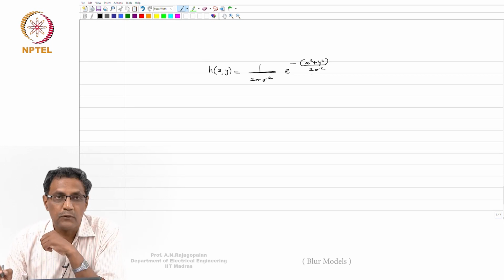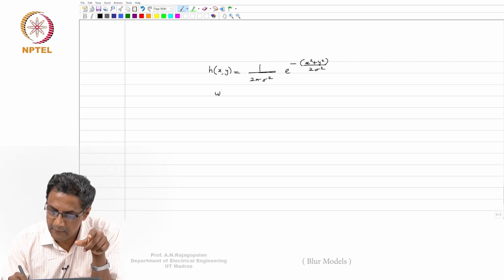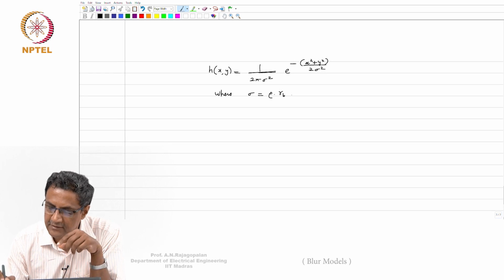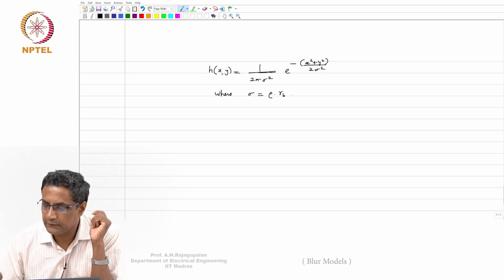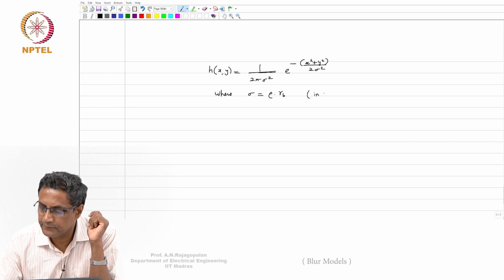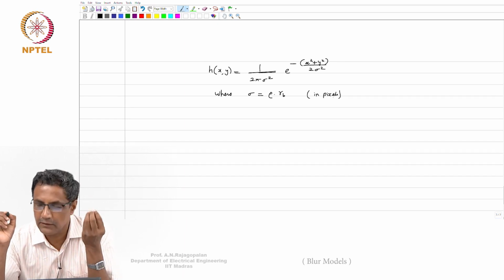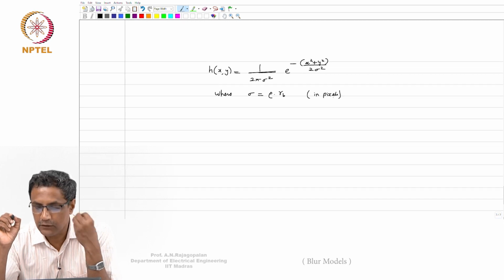And this sigma is given as rho times RB, where rho still has the same meaning. So sigma is now in pixels. If you say I have sigma equal to 1 pixel or something.